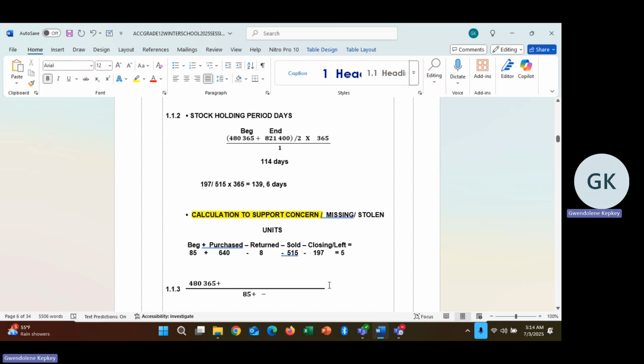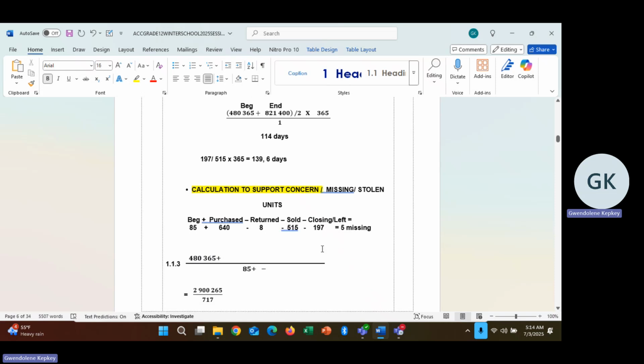The next calculation that they want us to do now, use the exact figures. We're using the exact figures, but we're going to use the weighted average method now. Okay, so my weighted average method will be as follows.